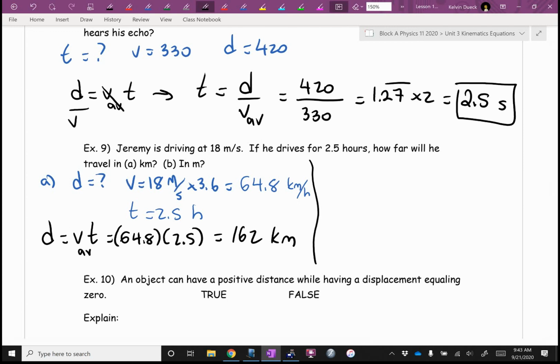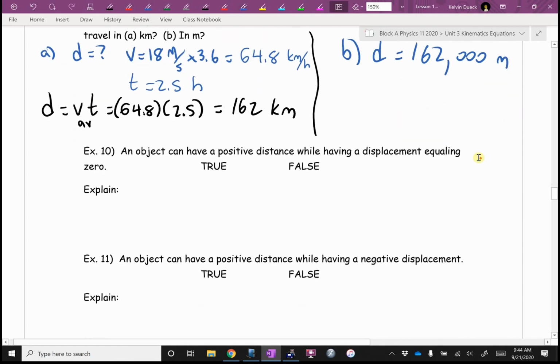Okay, so D equals 162,000 meters. I didn't write down what they gave me and do a full unit conversion with the fractions. I know how to go from kilometers to meters or meters to kilometers.